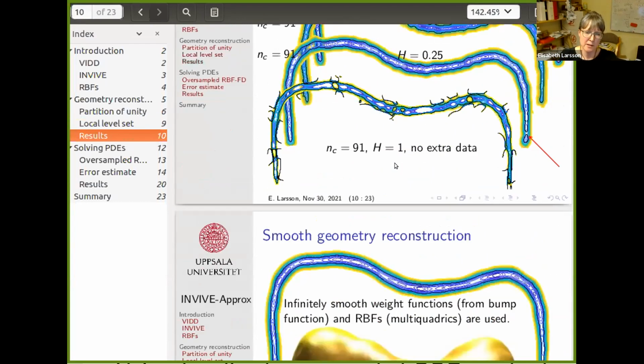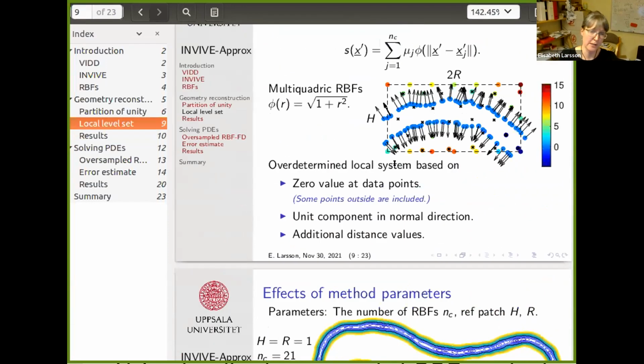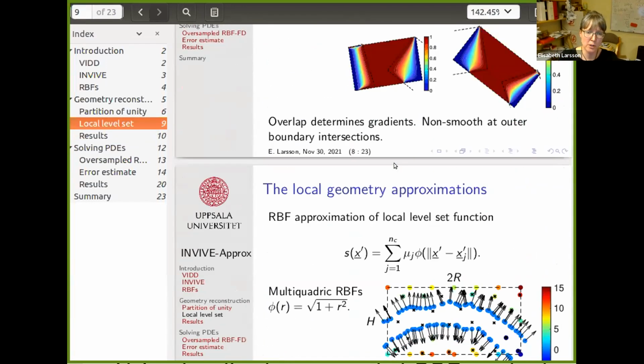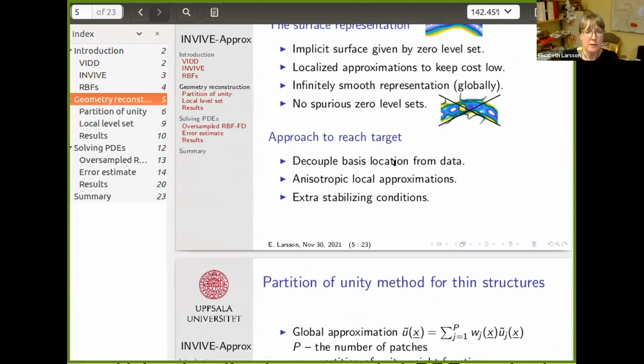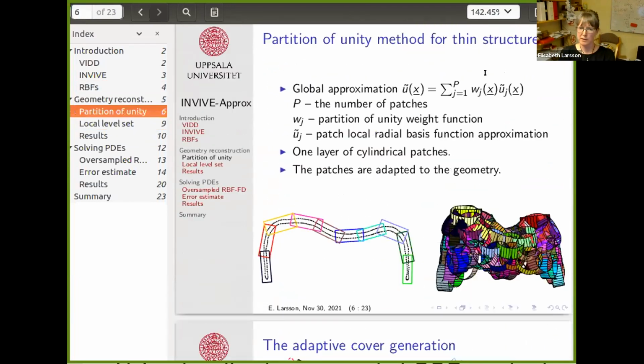It's just that we write the approximation in different ways. The global function is given in different ways. Here the function is a sum, but this doesn't matter. You can still oversample by collocating your approximation at many different points.